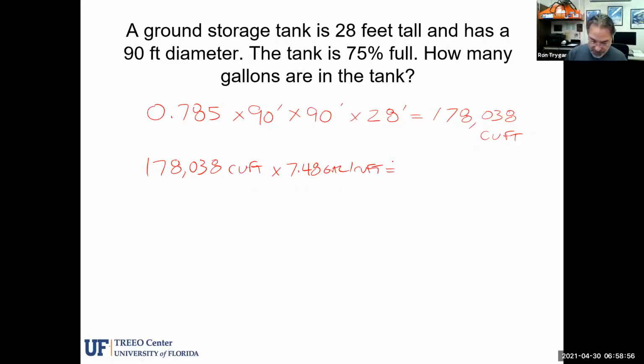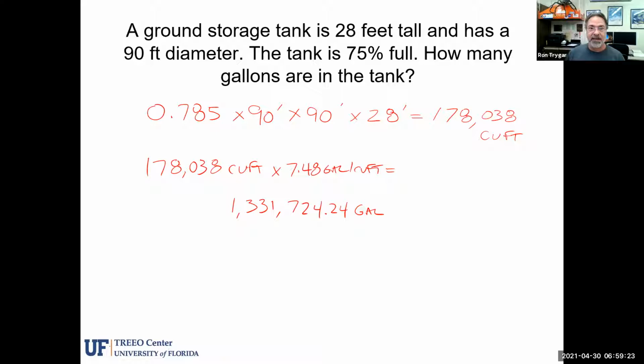All right, so now just multiply times 7.48, and I came up with gallons of 1,331,724.24 gallons. So 1,331,724.24 gallons in this tank.